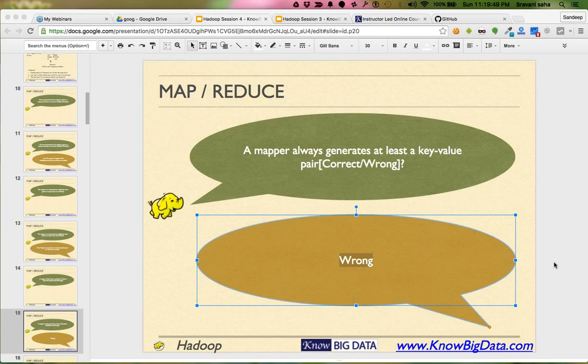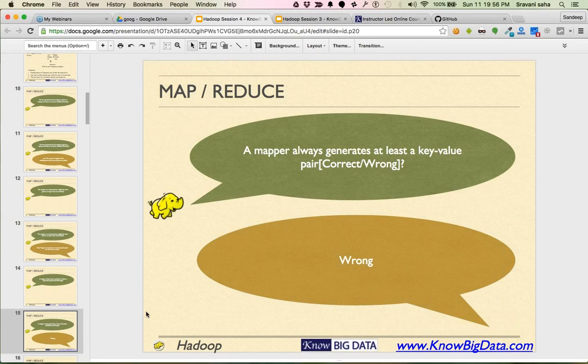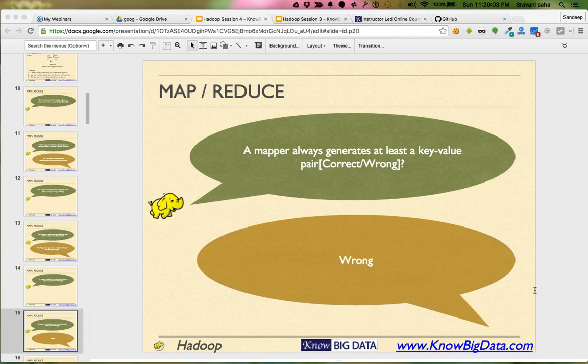All right, is everybody with me? Veena is saying that in that case, the reducer will not be called. The reducer will not be called if there is no key, right?